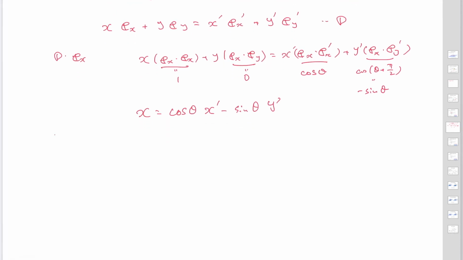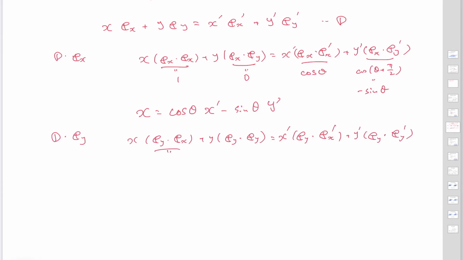Also we can consider the scalar product with e sub y. Then x e sub y dot e sub x plus y e sub y dot e sub y equals x prime e sub y dot e sub x prime plus y prime e sub y dot e sub y prime.